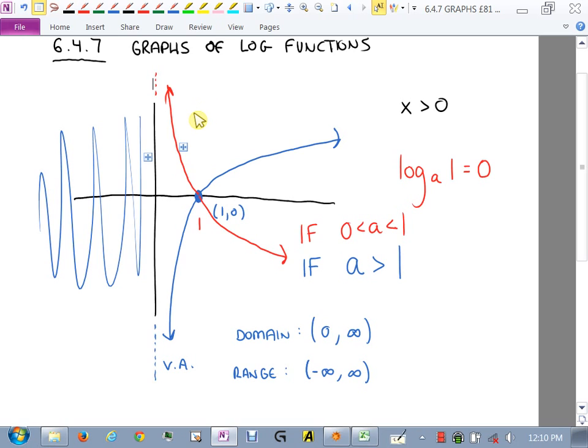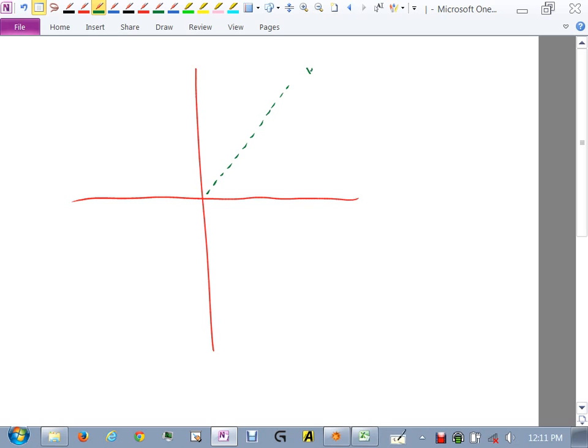It's reflecting it actually. It is a reflection over what we call the identity, which means that if you take the graph, you draw the identity function, which is the function y equals x. It's called the identity.